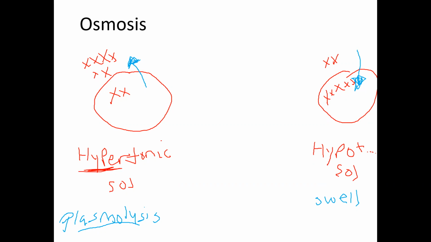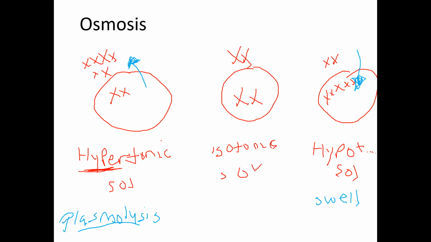All right, and then in the middle here, we have the situation where there's the same amount of solute inside the cell as outside of the cell. This is called an isotonic solution. Sorry, that's a C, isotonic solution. Wow, handwriting's getting worse.